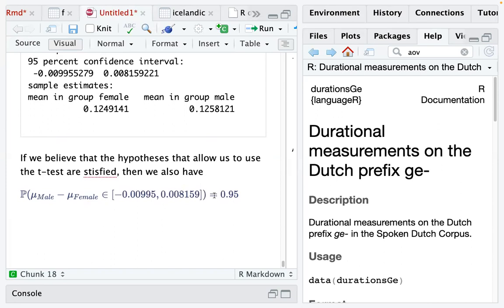If you believe in the hypothesis that the test is reasonable to apply, then as a consequence you also believe that the real difference between the means is in this interval with this confidence.